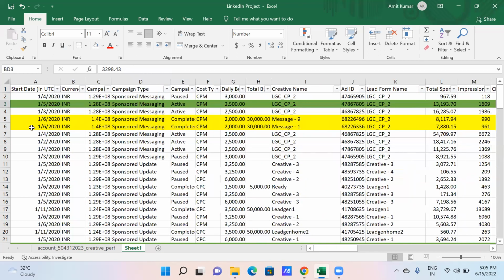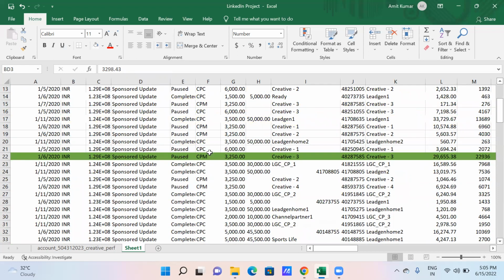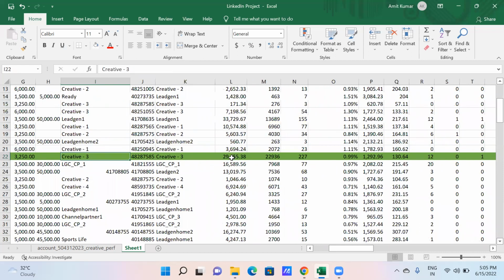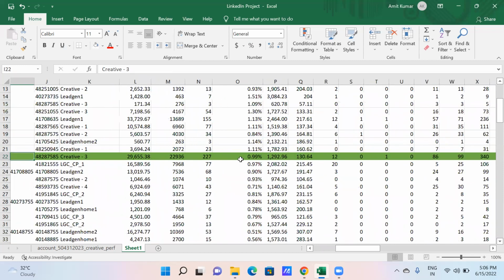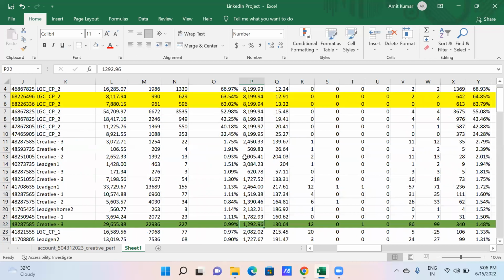Similarly, for creative also, I have analyzed, and I found this one particular creative ad has performed best. So the creative number 3. There are other creatives also very near to this, but when I put filters on different metrics, I found this one. Some of them might have better CTR, but overall I found this better.